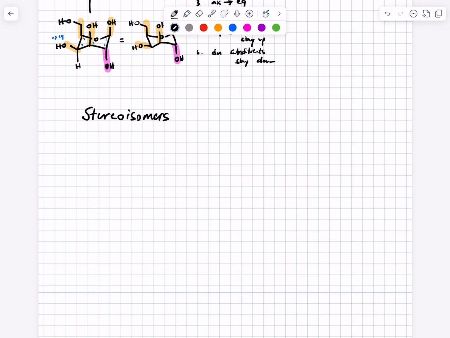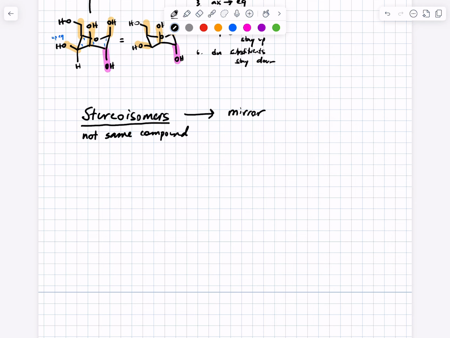Stereoisomers is a general term we use for molecules that have the same connectivity but different shape, like glucose and galactose above, but there are only two kinds of stereoisomers. There are stereoisomers that are mirror images, and let me just be clear, stereoisomers have the same connectivity, but they are not the same compound.